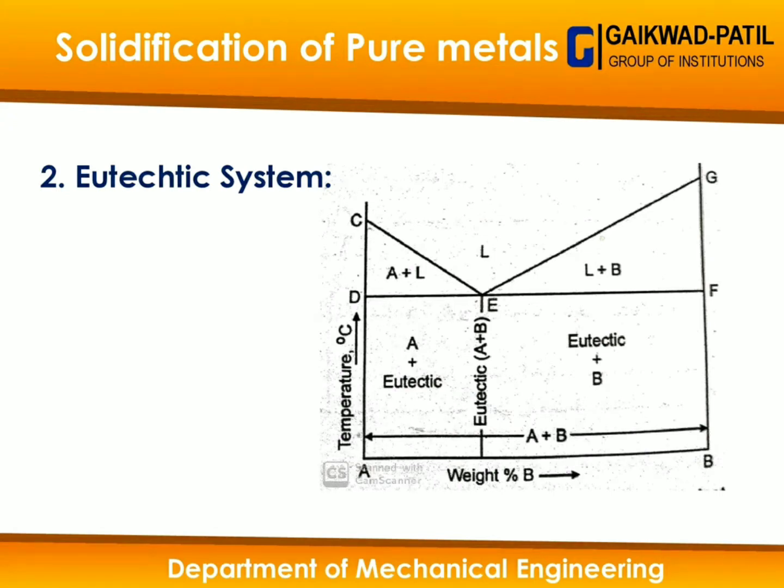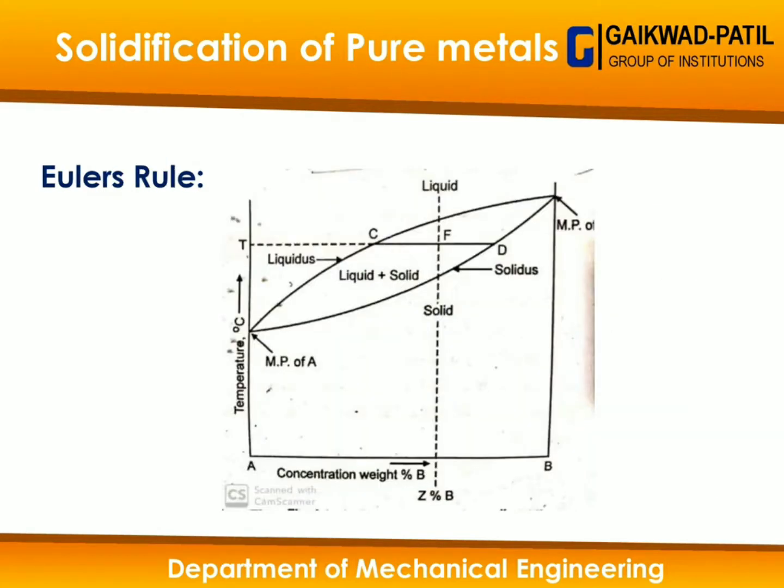At this equilibrium solution, simultaneously we get A plus liquid and B plus liquid. When we allow these to cool down, we get A plus eutectic and B plus eutectic. So ultimately, finally, we get an A plus B eutectic solution. So this is all about the eutectic system.